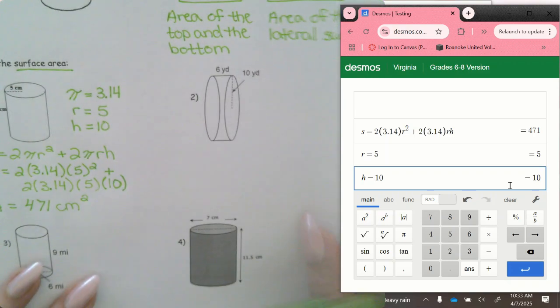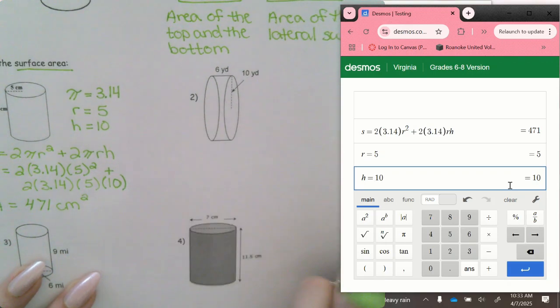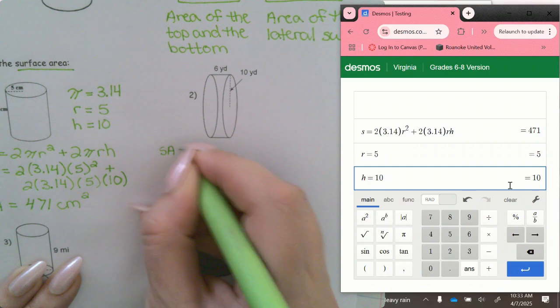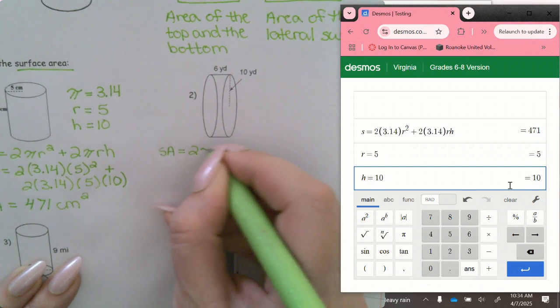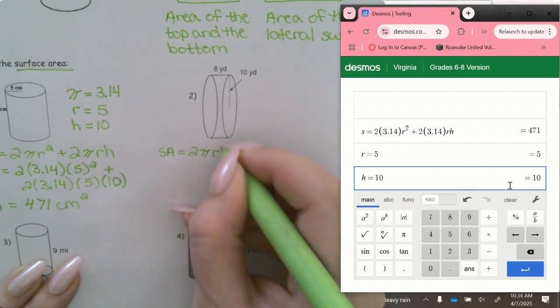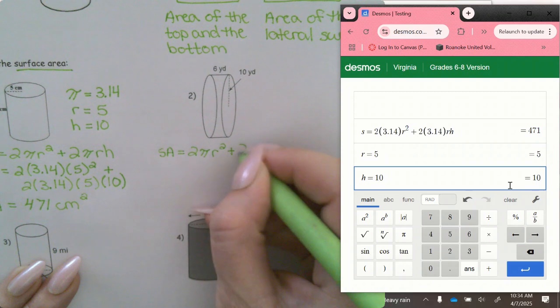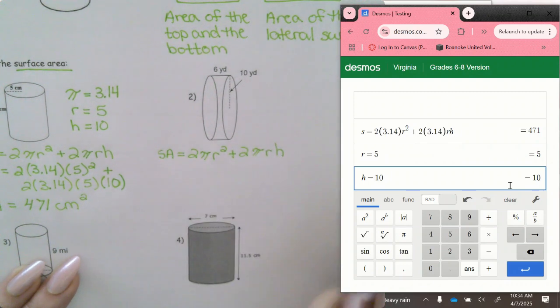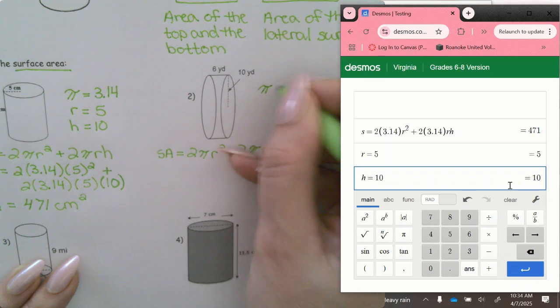All right, our next one. Same thing, finding the surface area of this cylinder. So I'm going to start with my formula: 2 pi r squared plus 2 pi rh. For pi, it's 3.14.